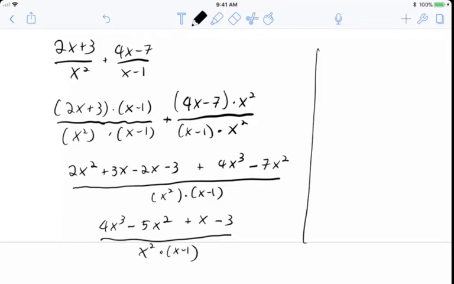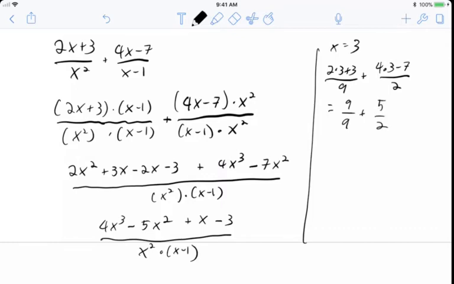so at x equal to 3, this one becomes 2 times 3 plus 3 over 9, and this one becomes 4 times 3 minus 7 over 2. So the first is 2 times 3 plus 3, 9 over 9, and the second becomes 4 times 3 minus 7, 5 over 2.